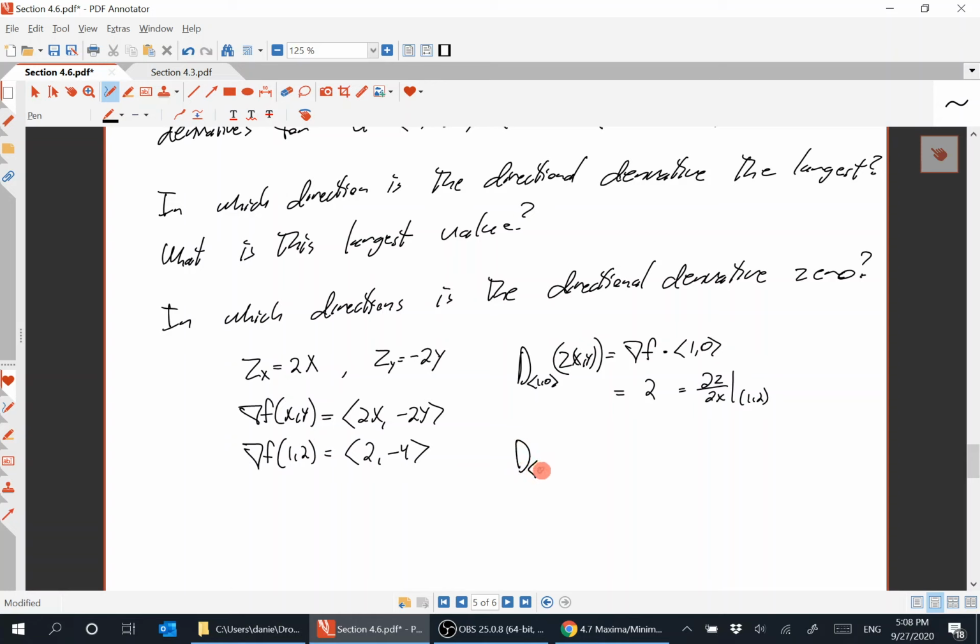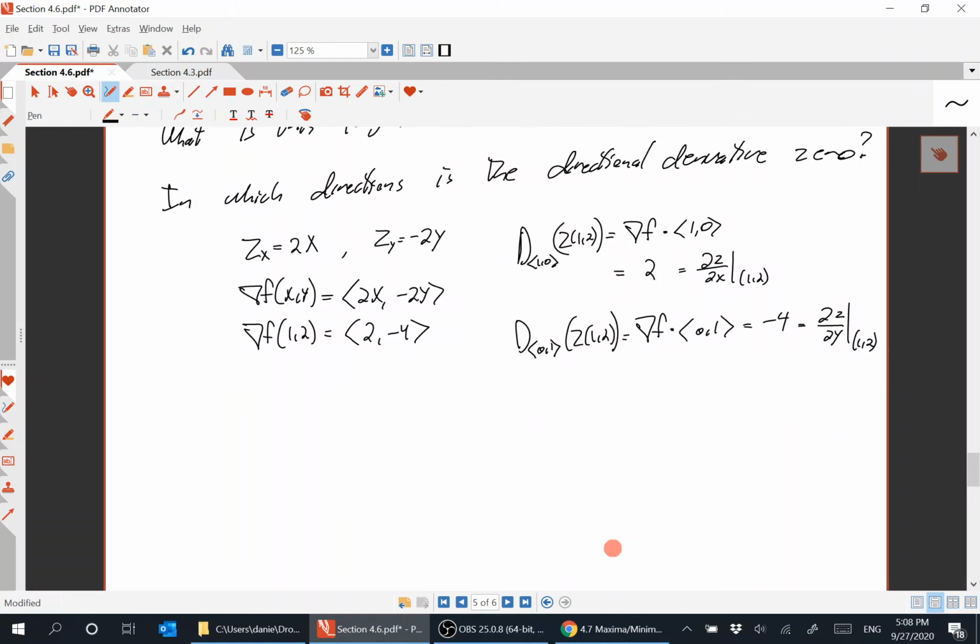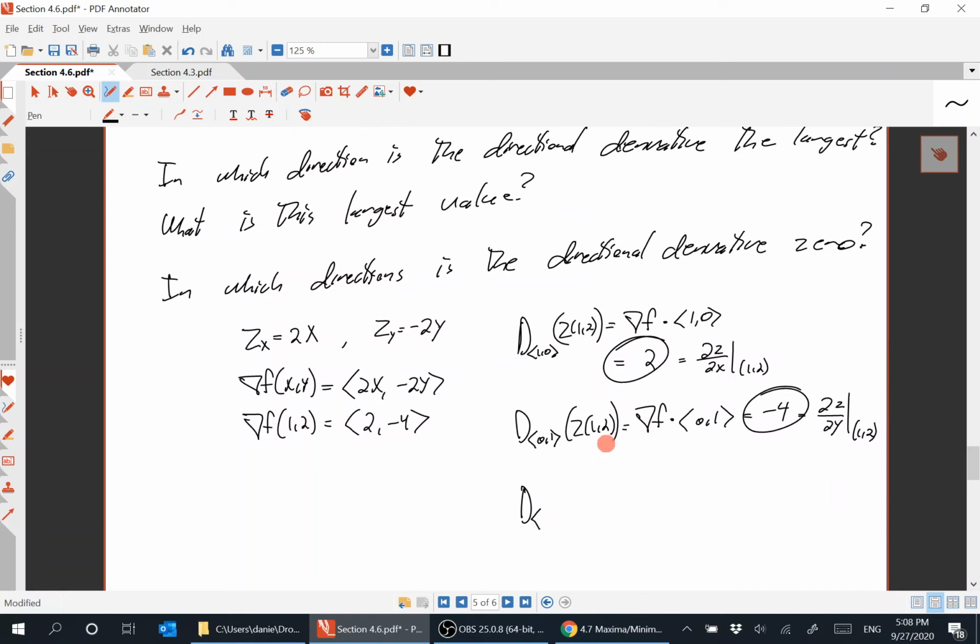And the derivative in the (0, 1) direction of z at (1, 2) is equal to the gradient of f dot (0, 1), and that's equal to negative 4. That's just the partial derivative of z with respect to y at (1, 2).